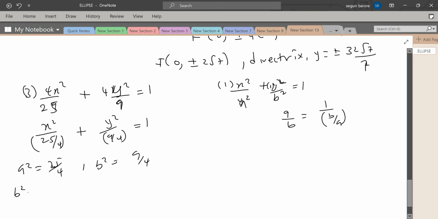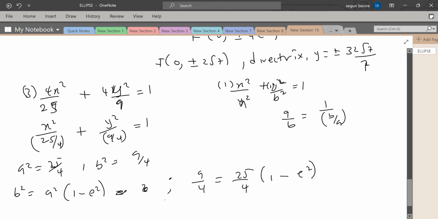We are looking for e, so we use this formula, b squared equals a squared times 1 minus e squared. So b squared is 9 over 4, a squared is 25 over 4, and 1 minus e squared is what we are looking for.